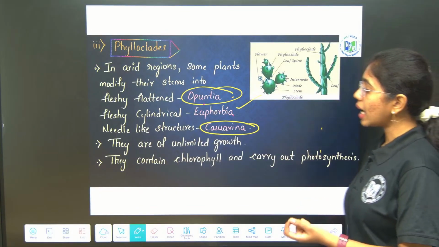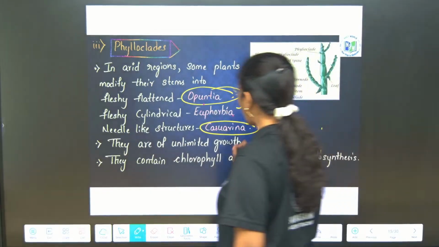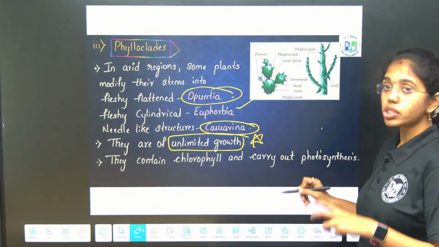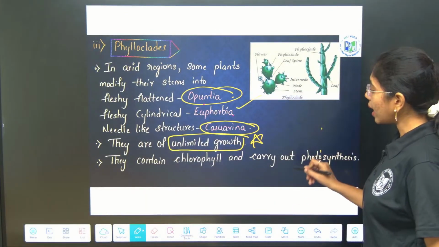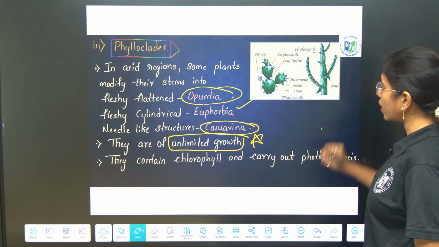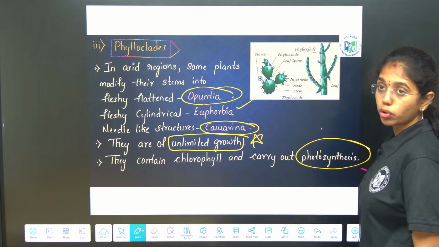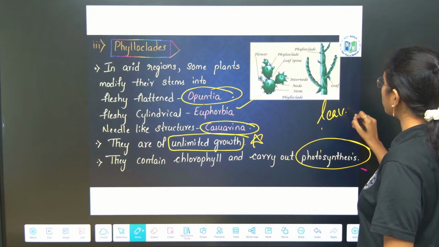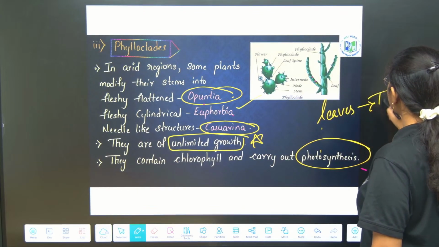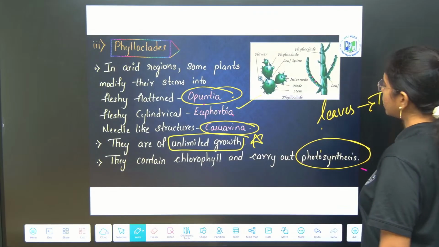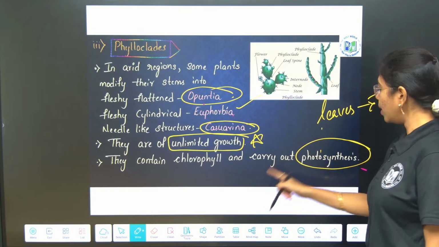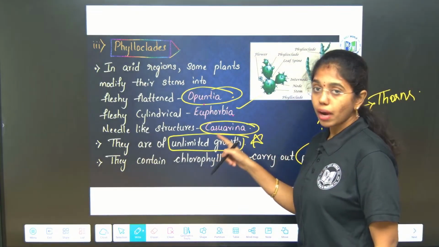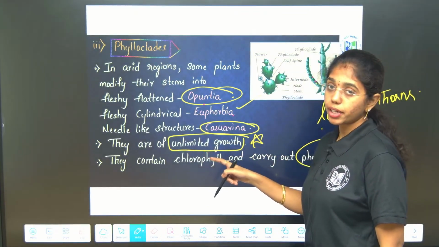Here these are the branches of unlimited growth, okay. Phylloclades are the stems of unlimited growth, and the stems also contain chlorophyll and carry out photosynthesis. Here in the phylloclades, the leaves are modified to thorns and the stem contains chlorophyll, conducts photosynthesis, and the stems are of unlimited growth.